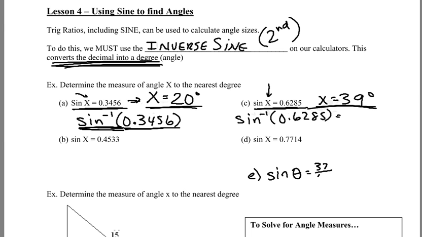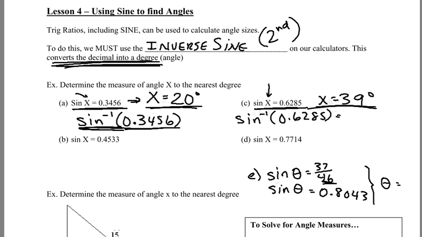37/46. Well, two things could happen. Remember, we could turn the 37 over 46 into a decimal because a fraction and a decimal mean the same thing. So we could go 37 divided by 46, and we could do sine theta equals, to 4 decimal places, 0.8043. These two things should give the same theta because it's saying the same thing.